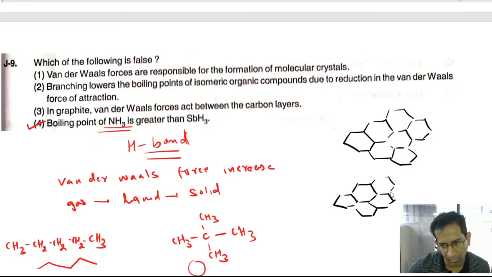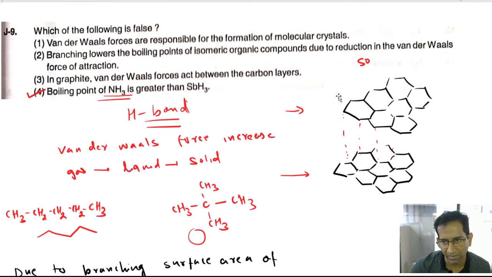There is no bond formation between the consecutive layers, so what exists is van der Waals force. Due to that, if you apply force parallel to this sheet, the layers can slide over each other. That is the reason why it is soft and can be used as a lubricant.